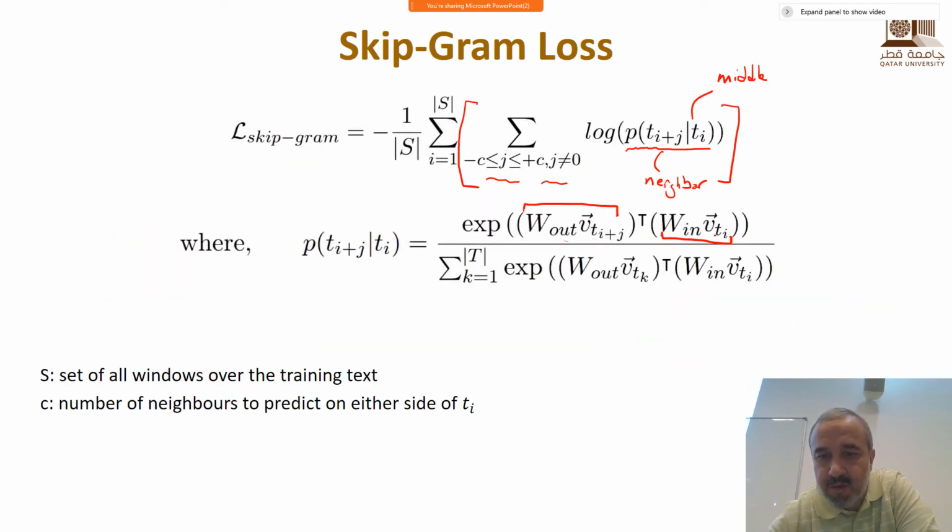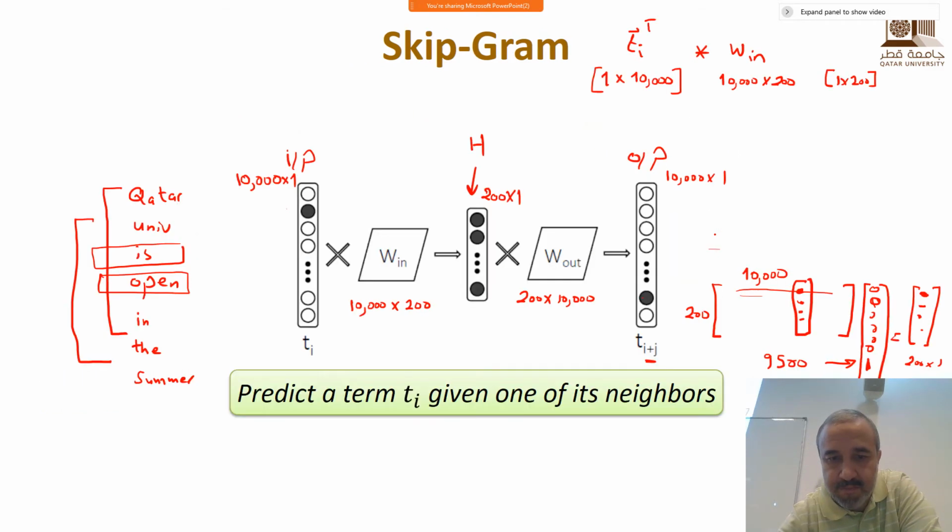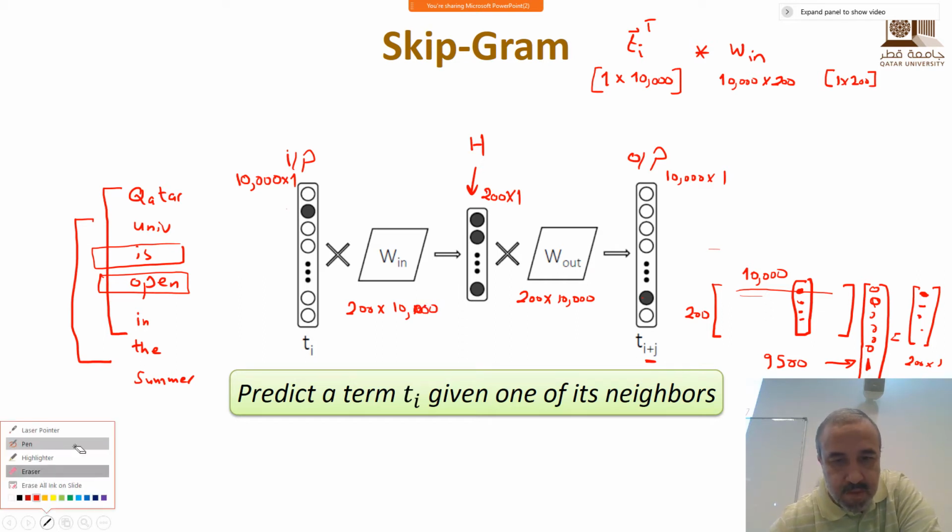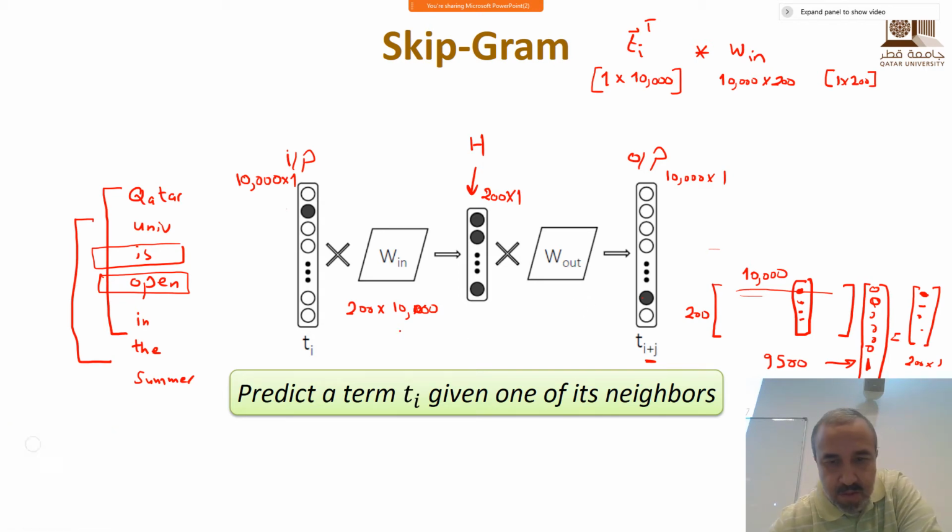Wn with VTI. So VTI is 10,000, so that should be 200. So it's just the opposite. That's 200 by 10,000, and this one is the opposite, which is 10,000 by 200.